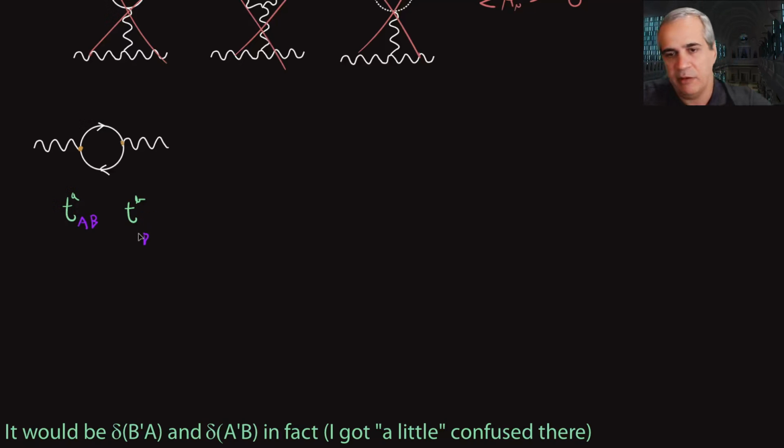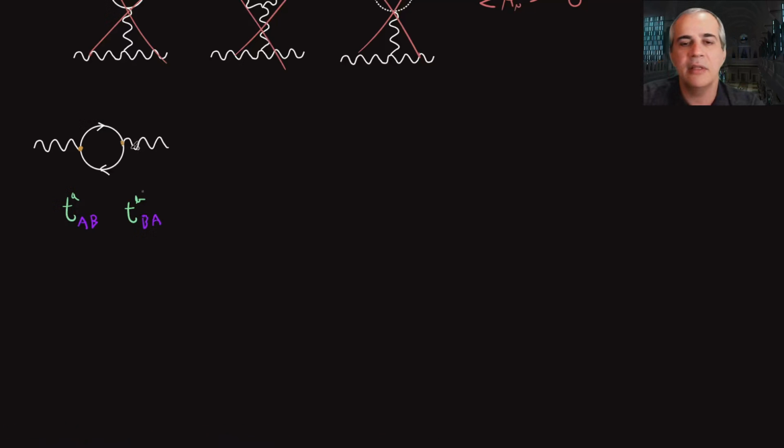something like that, which is a trace. So now you have a trace like that, which in the space of everything else that is going around here commutes and goes to the front of the loop calculation.